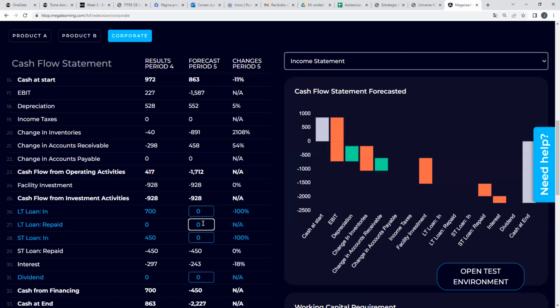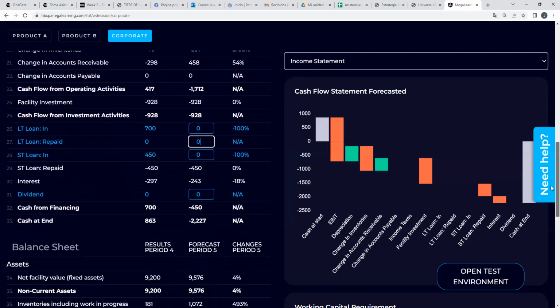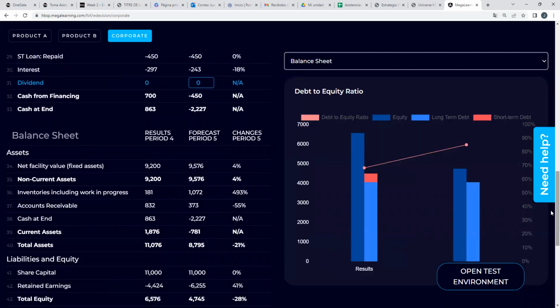And this is the graph or the ratio that I told you guys: debt to equity ratio. This is the equity of the company, this is the long-term debt, this is the short-term debt, and this is the debt to equity ratio. So you guys are taking the organization with a 68% debt to equity ratio.